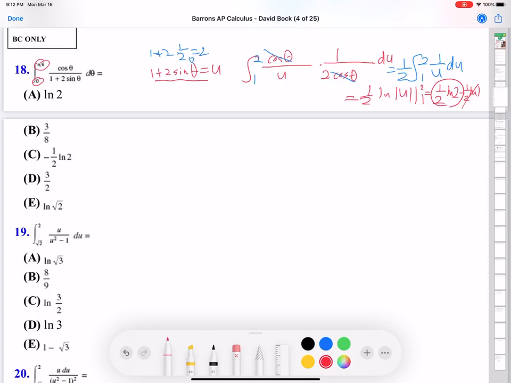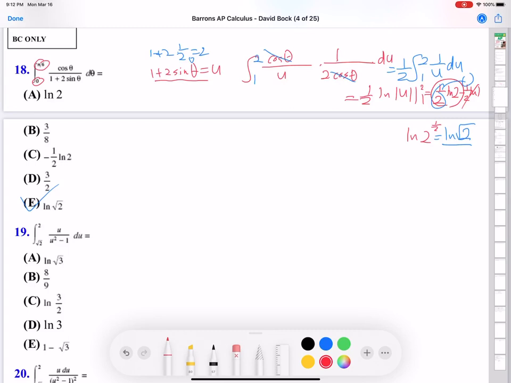That means ln 2 to the 1 half power, because this number can go to the exponent place, by the exponent and logarithm rules. So that is ln square root of 2. So the final answer in the choices is E.